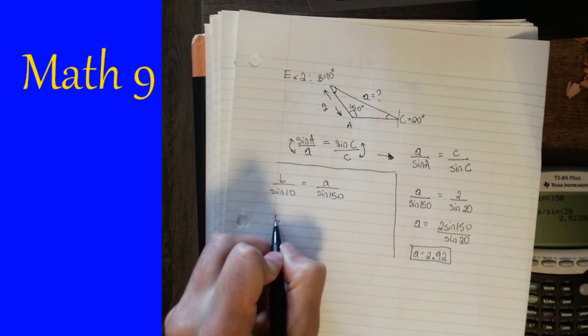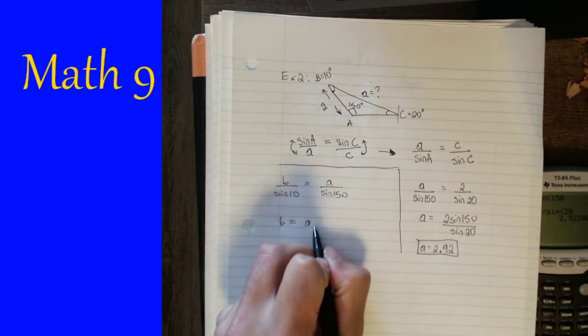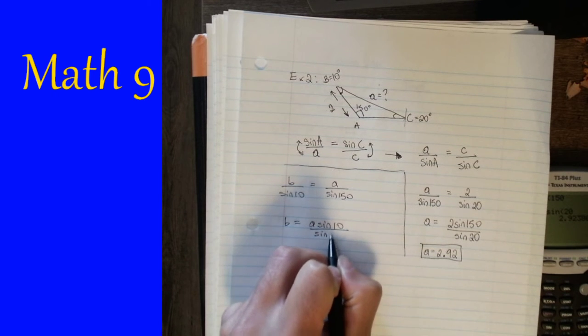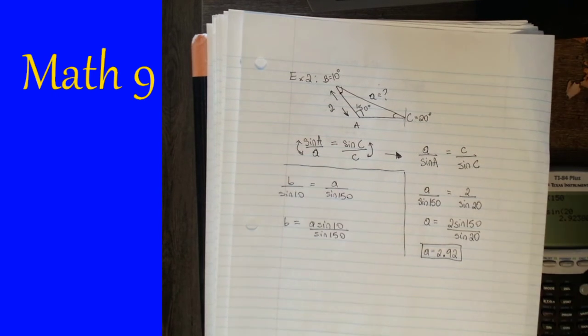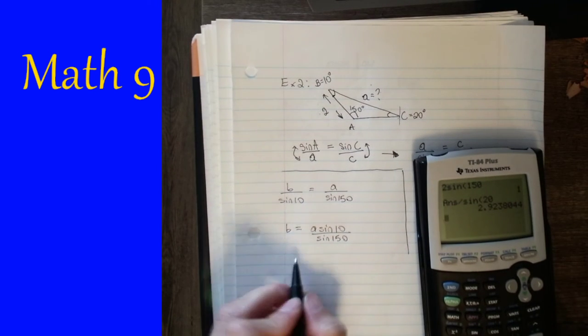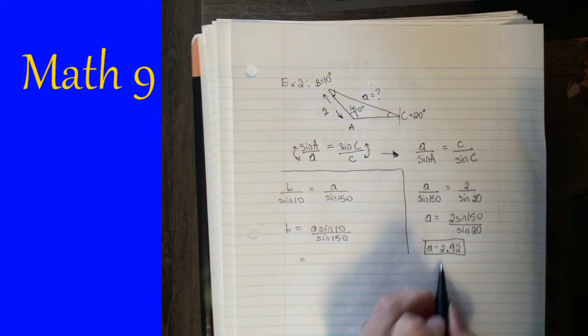So we should have that b is equal to a sine 10 over sine 150. And so what we'll do, we're using this a value here.